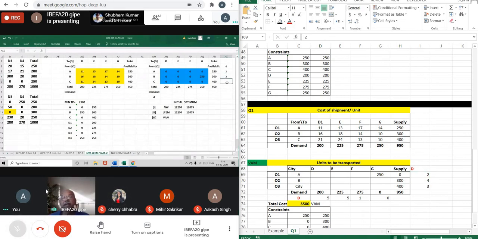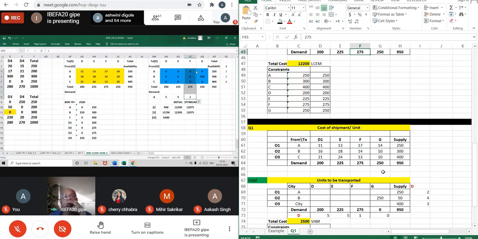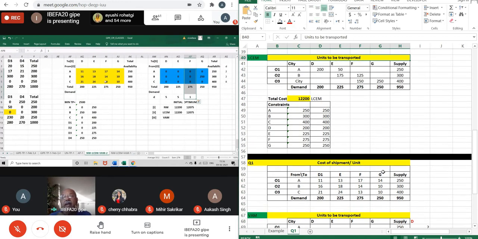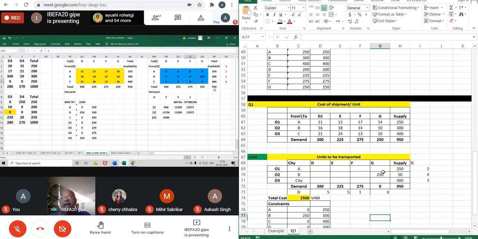Next, 13 and 21 becomes 8. Here, 11 and 16, 5. 13 and 18, 5. 14 and 13, 1. This is the minimum. In that direction the minimum cost will be 13. That is this cell. I can give 275.